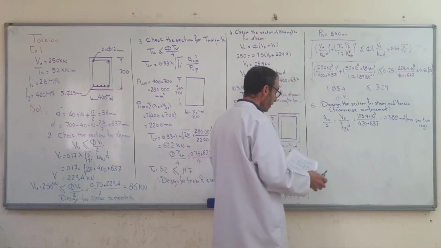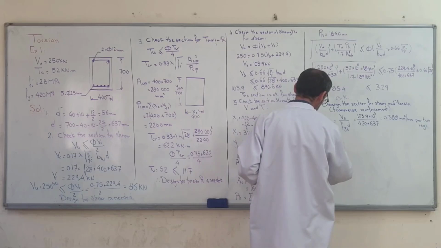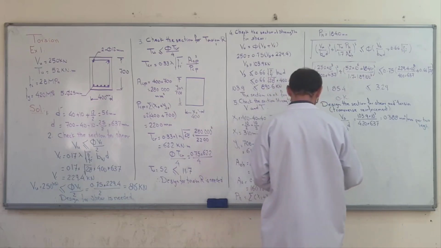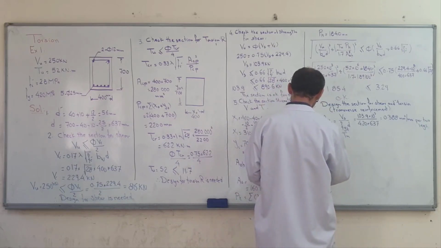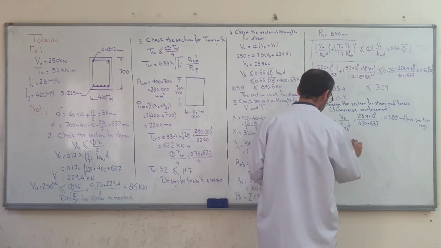Now for torsion, we have this equation: Tn is equal to Tu over phi. With Tu and the reduction factor 0.75, we can find Tn.